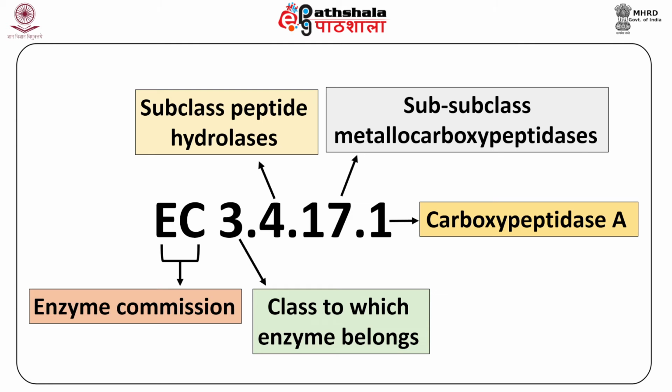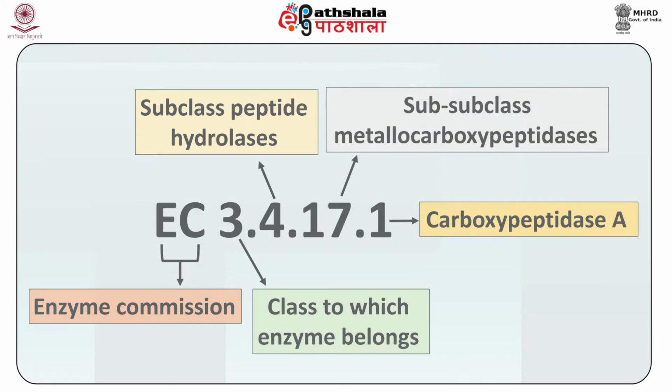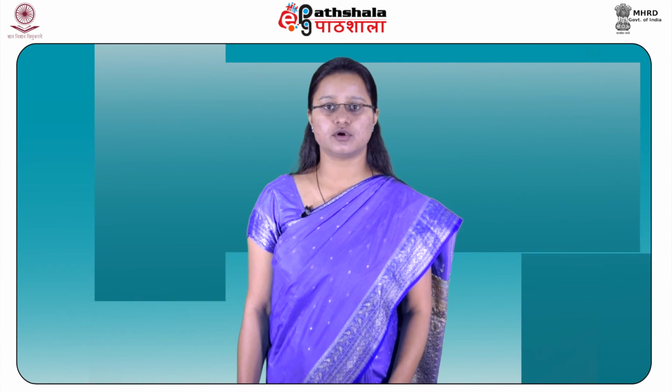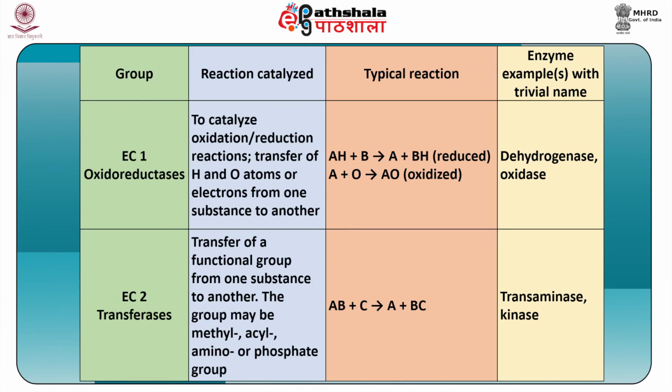The next digit, which is 17, belongs to the sub-subclass, which is metallocarboxypeptidase. And the fourth digit belongs to carboxypeptidase A. Thus, the 4-digit nomenclature describes carboxypeptidase A, which is EC 3.4.17.1. So, in this particular table, you can see EC 1 belongs to oxidoreductases.